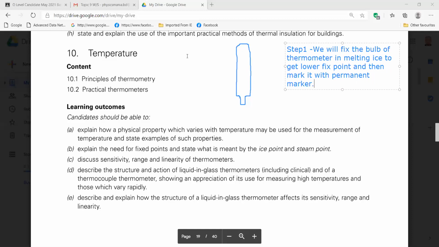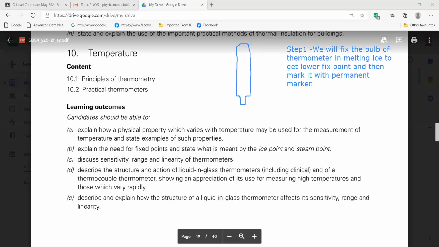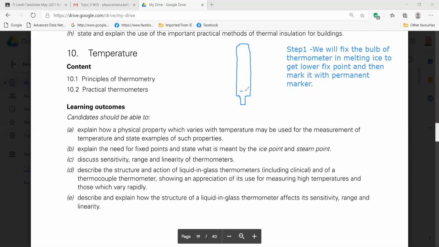So for example, on the thermometer which you drew just now, we have a mark here. This one is our ice point, and ice point means 0 degree, right? Yes. So you mark it at this point and write 0 degree.